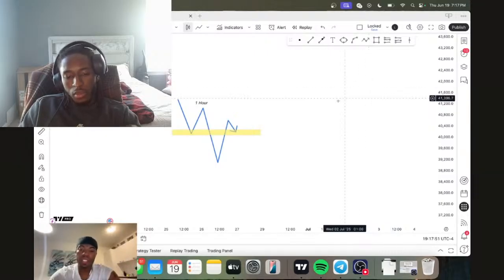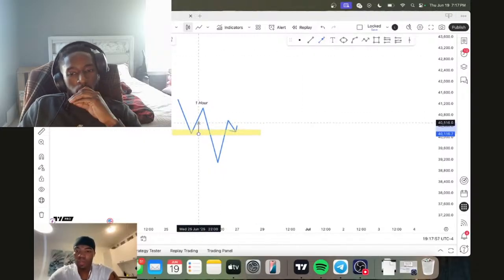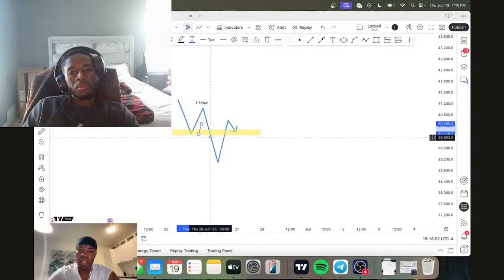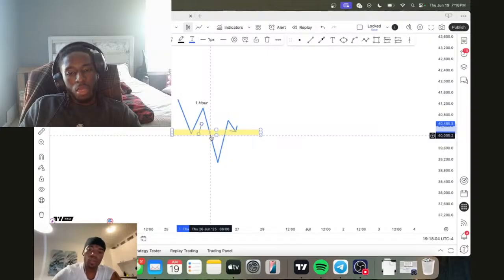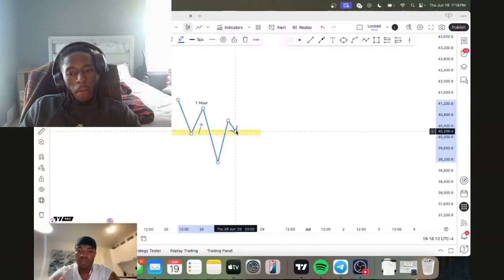So with that being said, if we're looking at the 1 hour level and we already have clarity that buyers are sitting at this level until price breaks here. Once price breaks here, this lets us know that there's no more buyers here, right? So if this is the case, we want to find that correction. We want that correction to come and then the continuation to start.